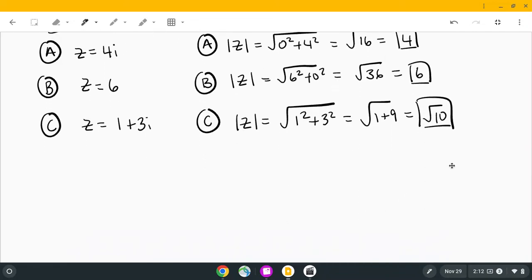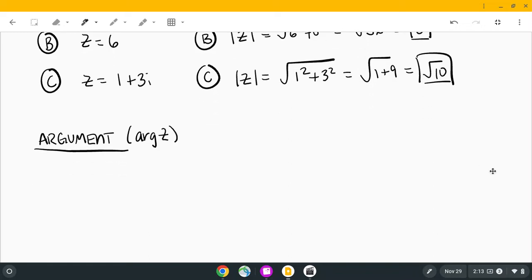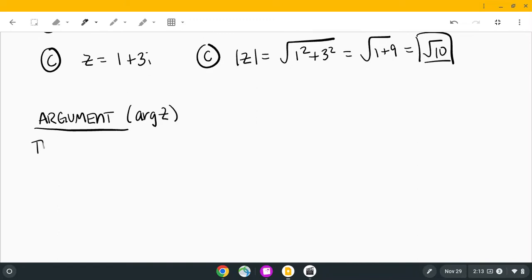And let's take a look at something called the argument of z. Okay, so the argument, and we use this notation, arg z. Okay. And so the argument of z is the smallest, so keep that in mind.